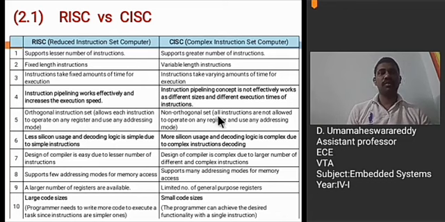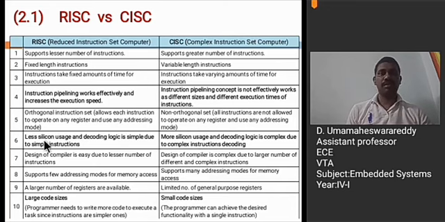That means all instructions are not allowed to operate on any register. You cannot operate on any register in any instruction, and you cannot use any addressing mode. This is called a non-orthogonal set. CISC is a non-orthogonal instruction set, whereas RISC is an orthogonal instruction set.